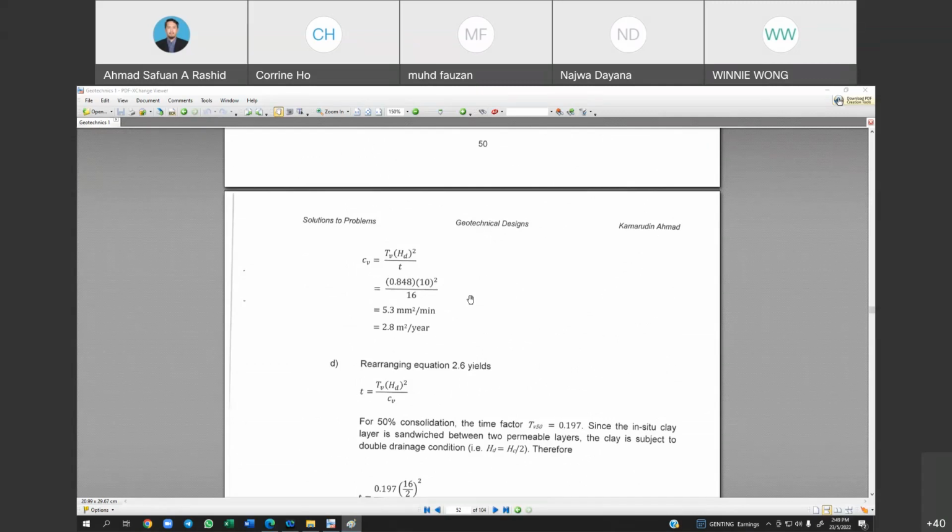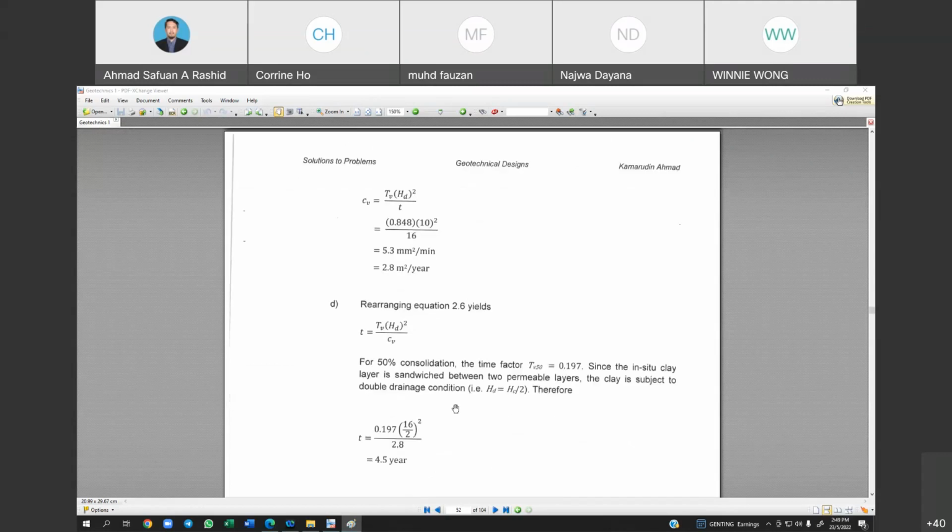So from there we can get the value of the T. So again, look at the units. So then we get 4.5 years. So that is for the D.